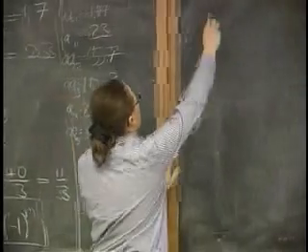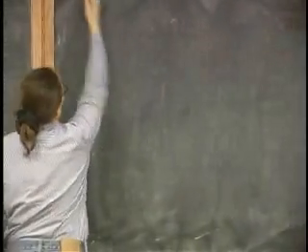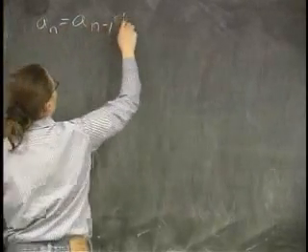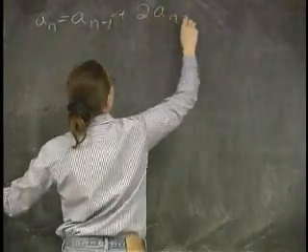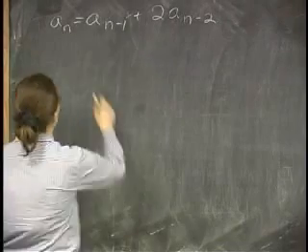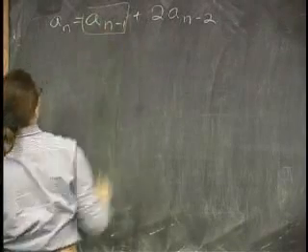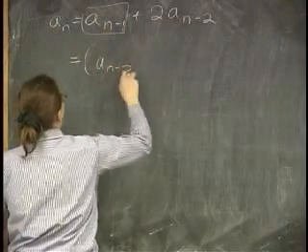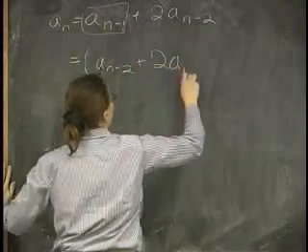So I'm going to start out with maybe some nicer, well, I guess it doesn't matter. Okay, so suppose I start with this, and I want to try attacking it with substitution. Let's just substitute in for a_{n-1} right now. So this becomes a_{n-2} plus 2a_{n-3}.